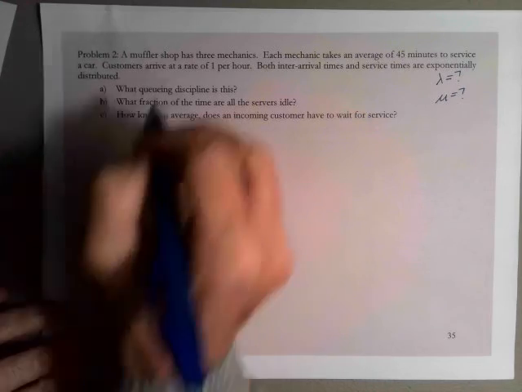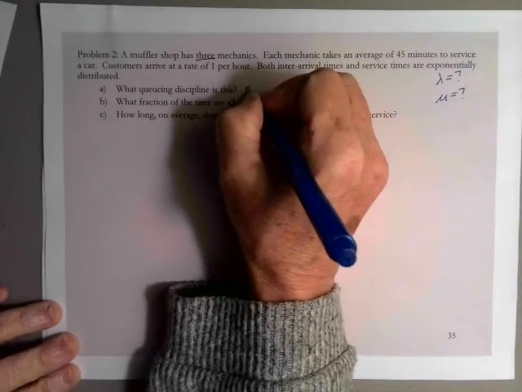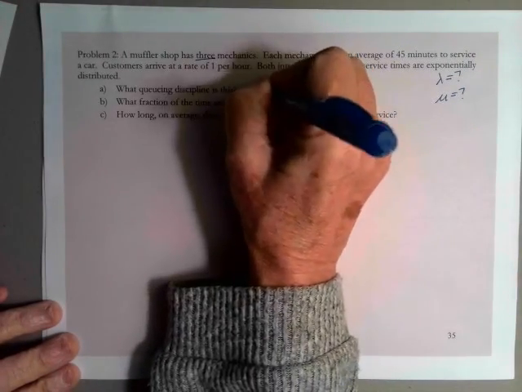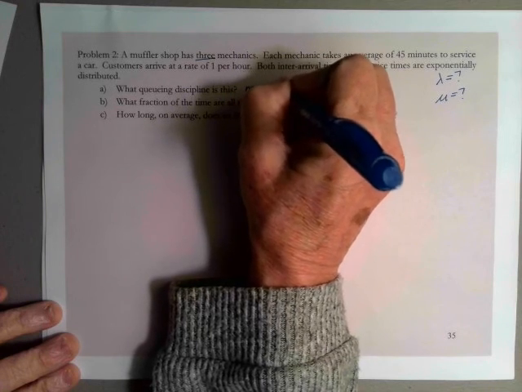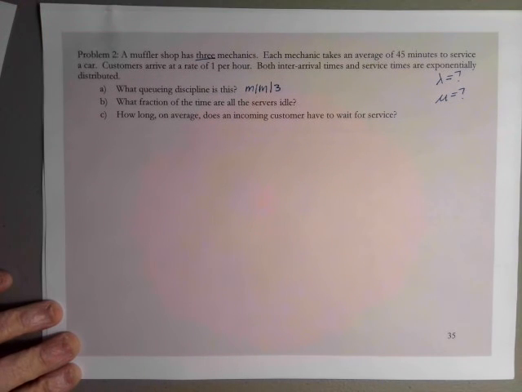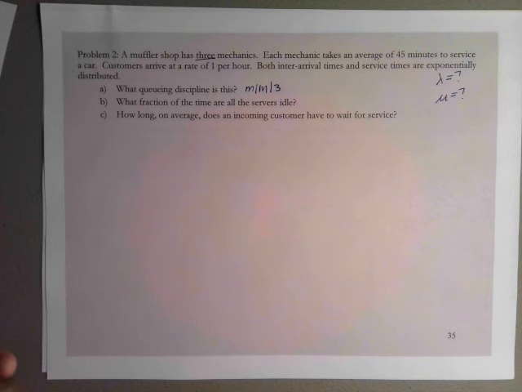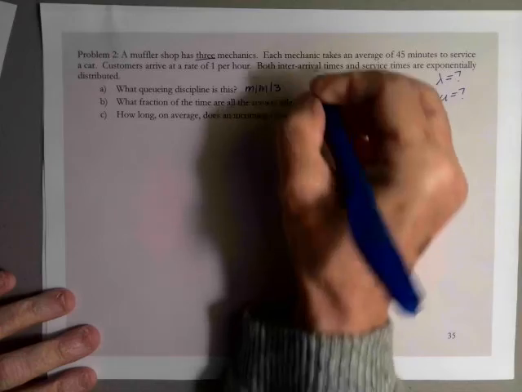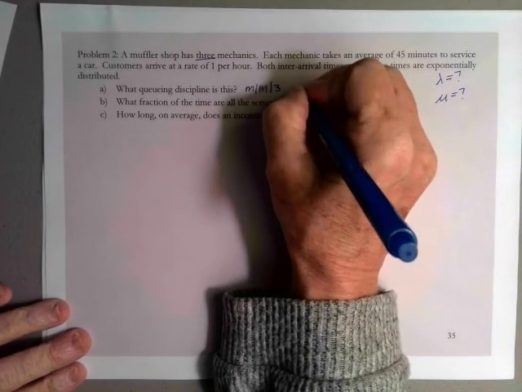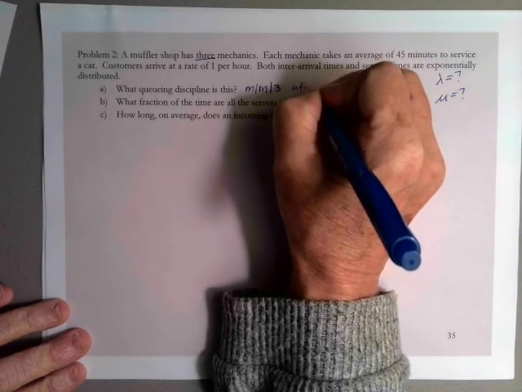This queuing discipline happens to be an M/M/3 system. Whenever it doesn't say that there's a limited number of customers, cars or queue, you assume that it is infinite. So we have an infinite capacity queue here.